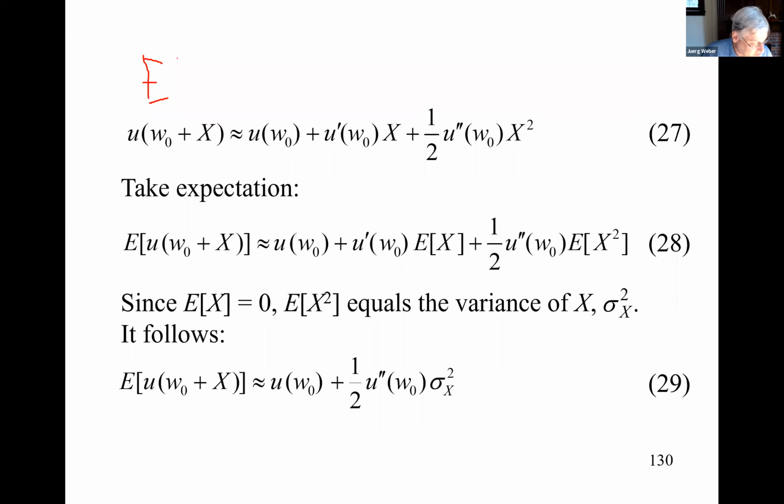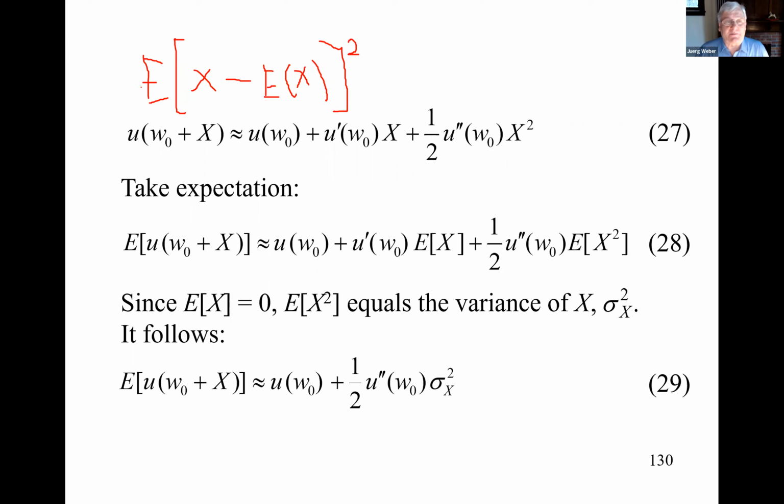I take the expectation of x minus E[X], and if you square that, that becomes the variance.